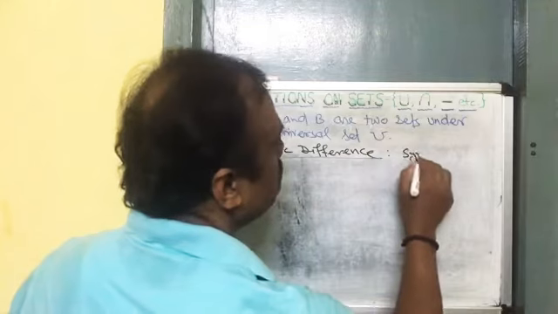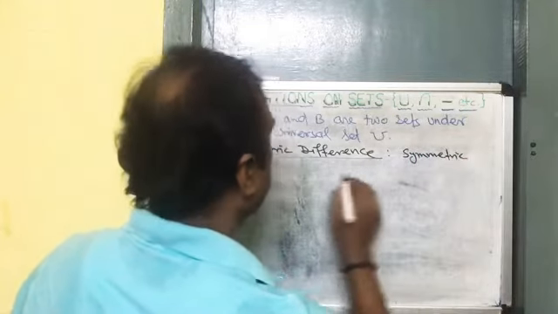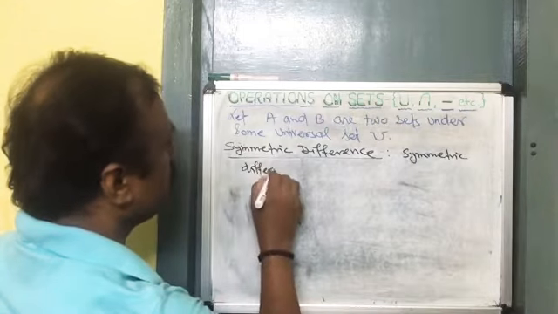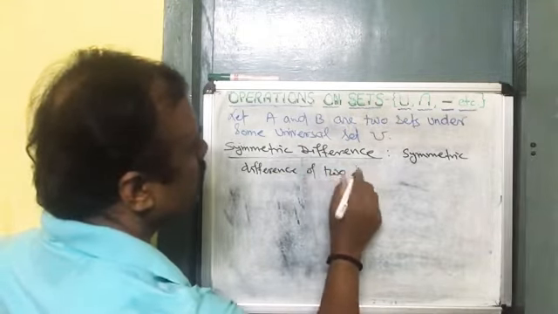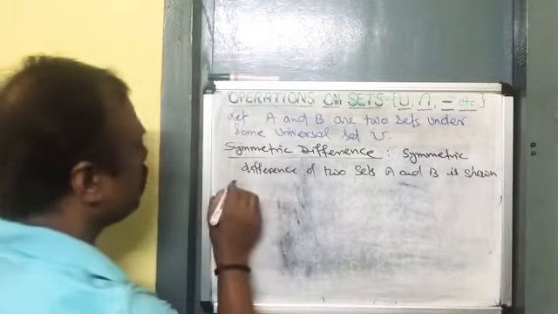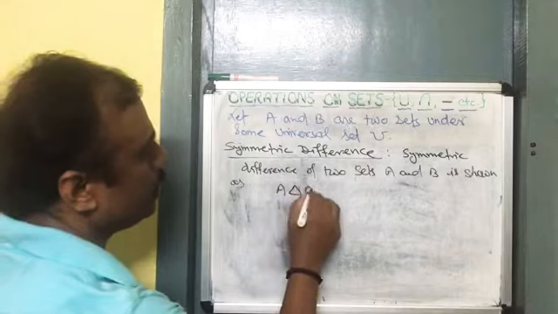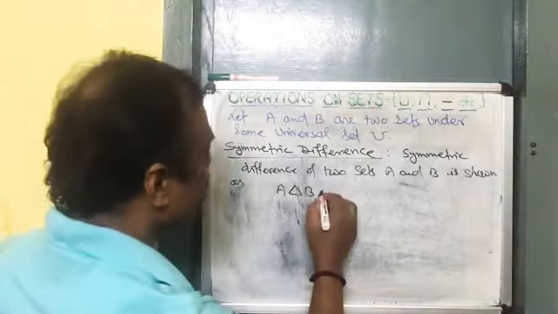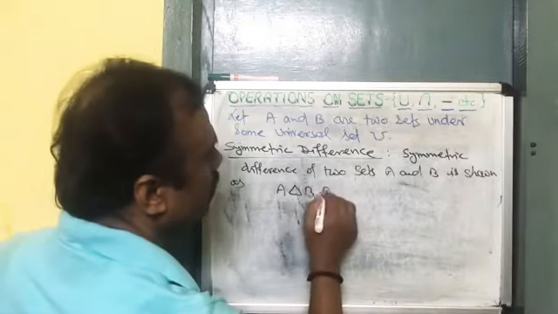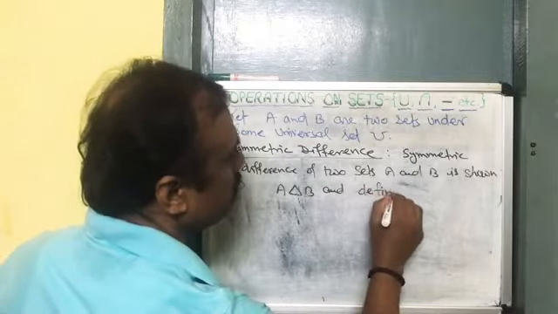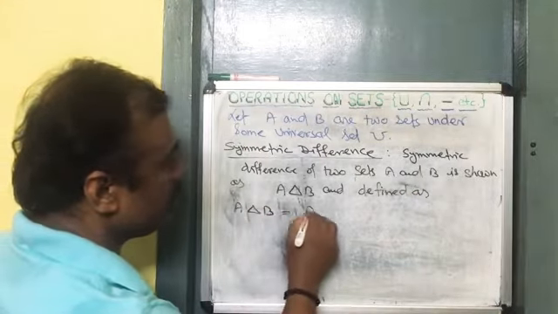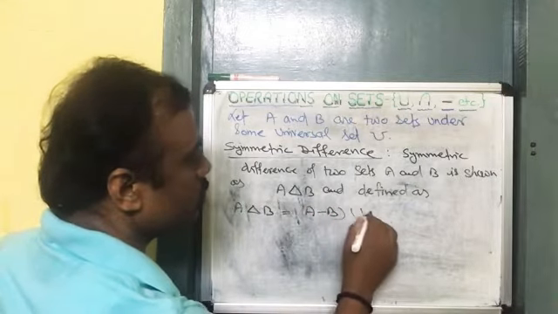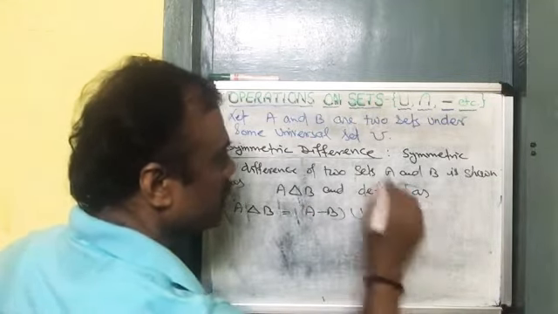The symmetric difference of two sets A and B is shown in this way and defined as the symmetric difference of A and B, which is A minus B union B minus A.